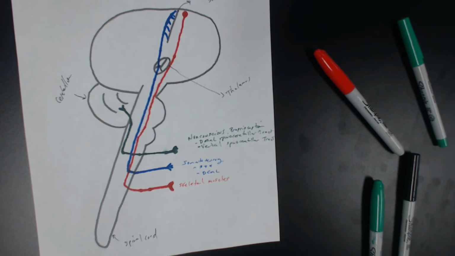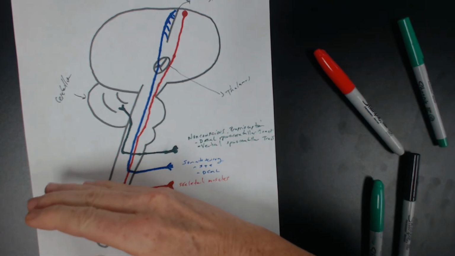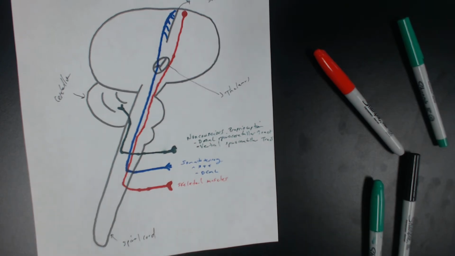That's going to innervate your skeletal muscles. So all the movement that happens in your body starts up in your precentral gyrus, like we talked about, and then transmits all the way through. If we do a cross section of the spinal cord, we're going to see that main tract. Does anybody know that main tract?